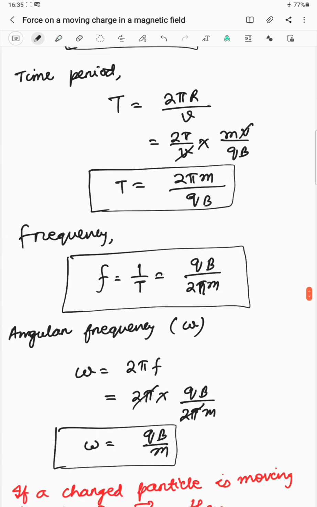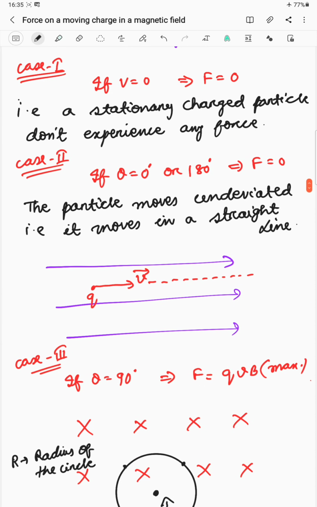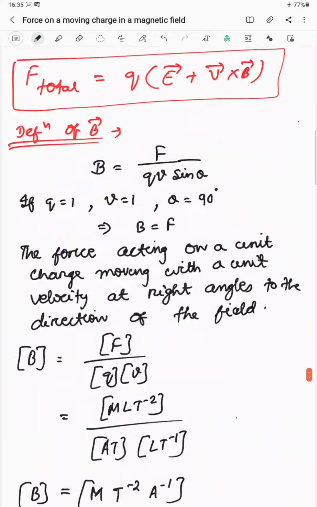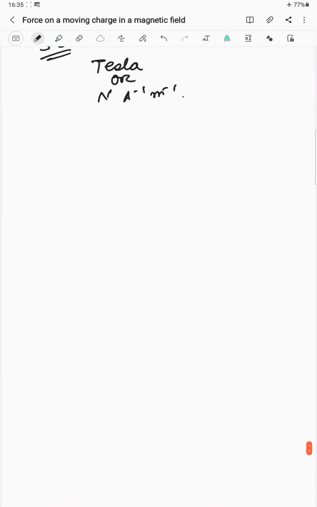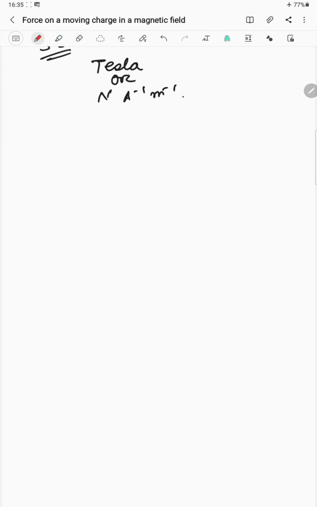Now if you look at the cases which we have done, in case 3 it is 90 degrees, case 2 is 0 degrees and 180 degrees, and in case 1 the velocity is 0. Now is there any probability that the particle will also be moving at some angle like 30 degrees, 60 degrees, 40 degrees, other than 90, 0 and 180? Yes, it is possible. That will be your case 4. And here we will find out for some arbitrary angle. Okay. So we can give a heading here.